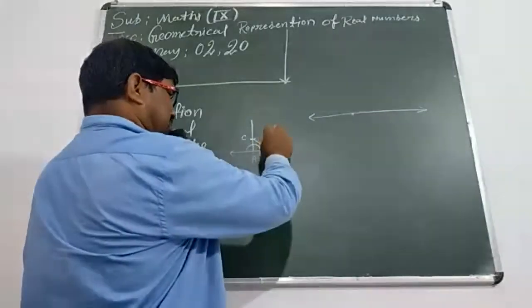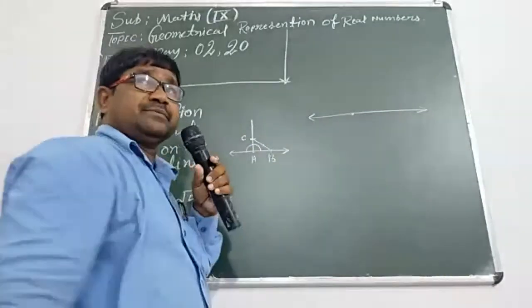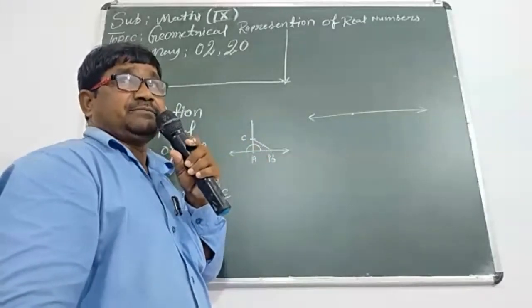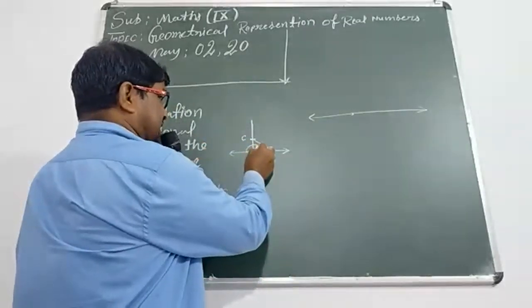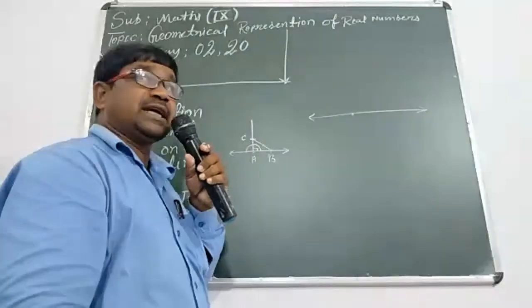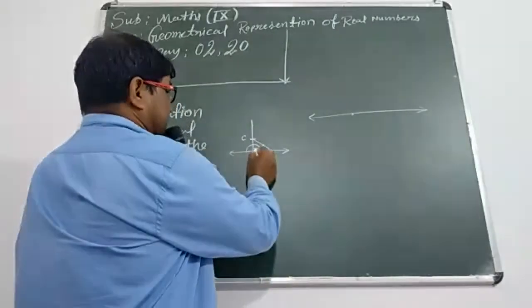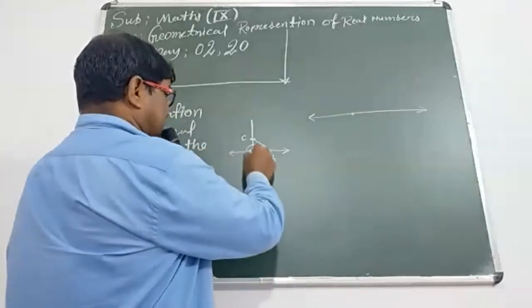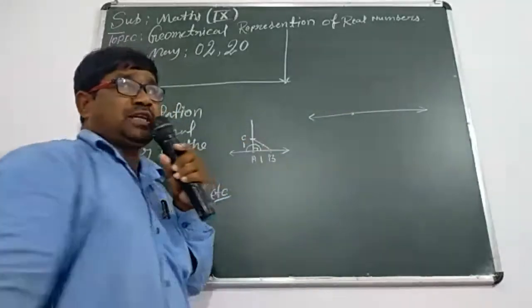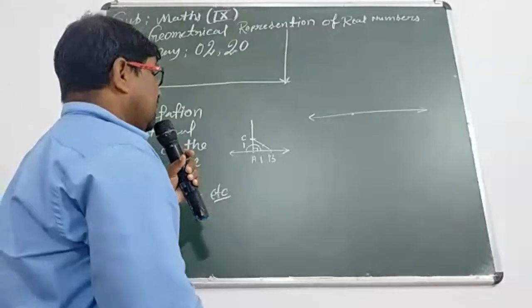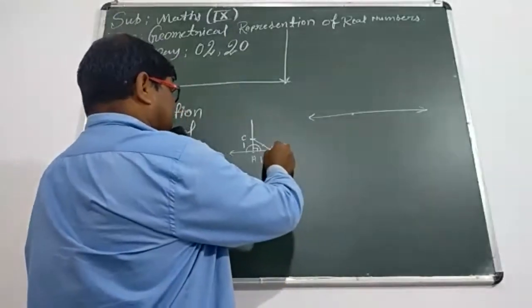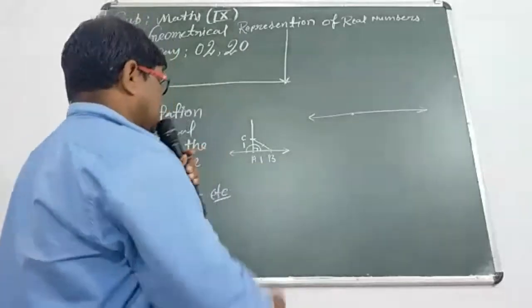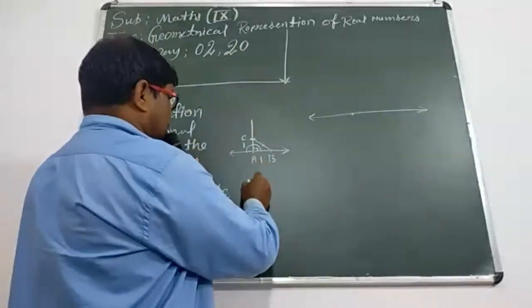This geometrical representation, student, is showing a right angle triangle here, because in this triangle, this is right angle. Measurement of AB is 1 unit. Measurement of AC is also 1 unit. Now you need the measurement of BC. So we will take help from Pythagoras.